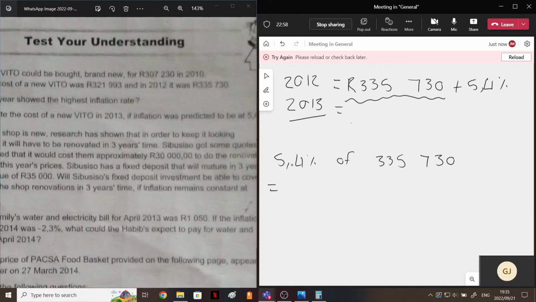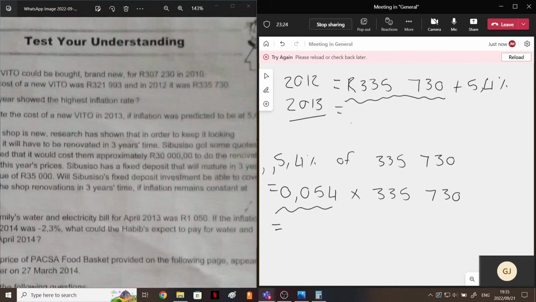Now we obviously know that percentage wise all that we do is move the comma to the left. So how many zeros are in 100? 2. So it's going to move 2 spaces. So it's going to be 0.054 times 335,730.